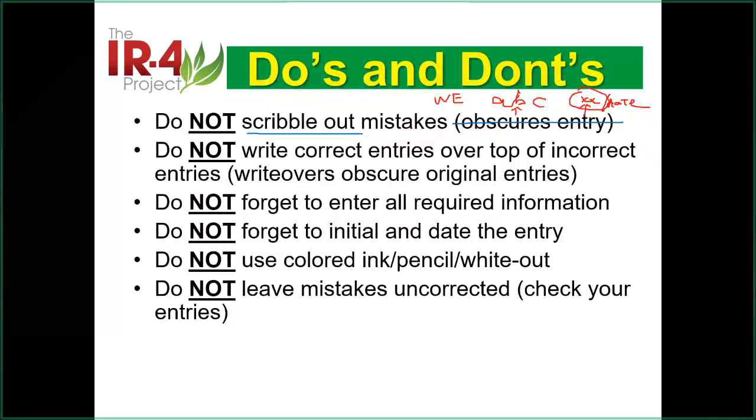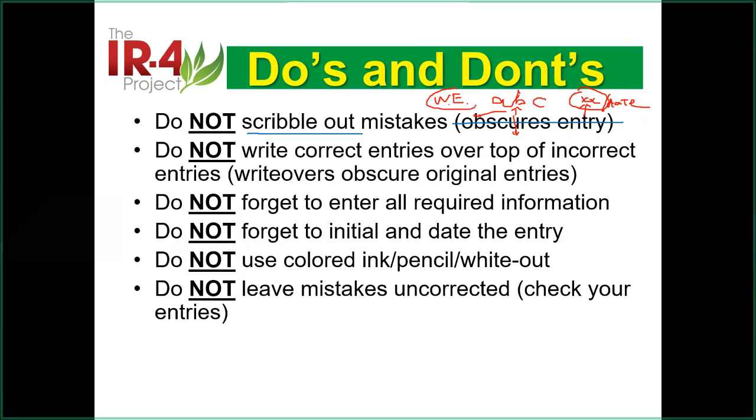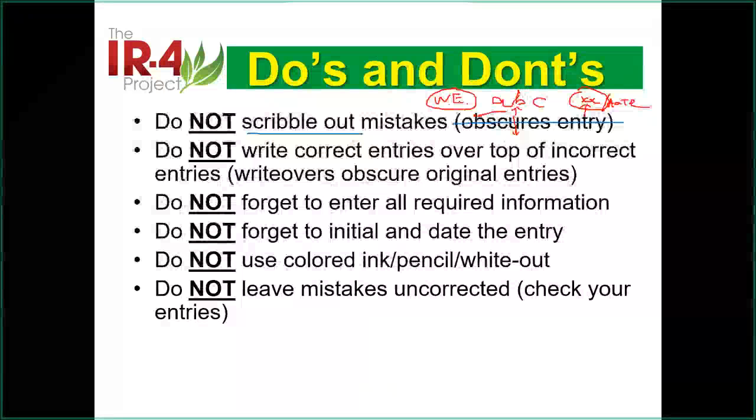Your answer should be above that, beneath that, or on the side. It could be anywhere around. And for this reason, wrong entry, WE, always put a circle there, so that tells the difference.